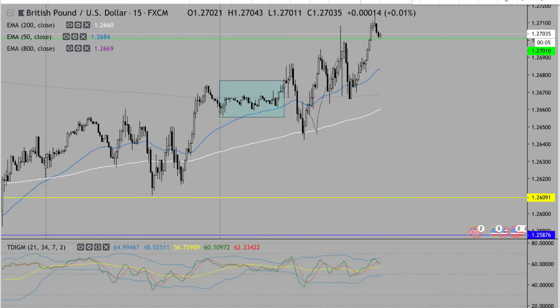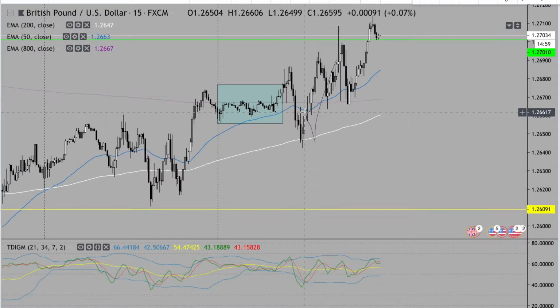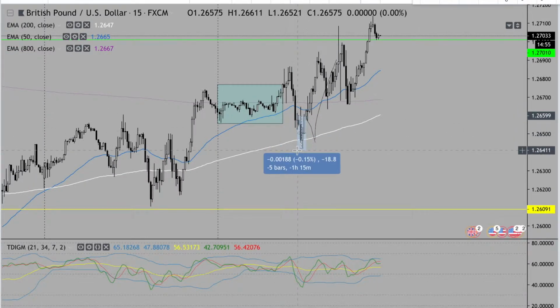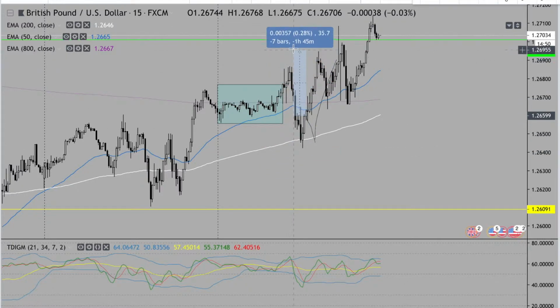Straight up. I actually didn't take this trade, because if I took this trade, then I would have risked more than 3% of my account. But if I would have taken from here, my stop loss would have been 19 pips, and then my take profit was at the 4-hour chart, which is 40 pips. So it's about a 1 to 2 risk to reward ratio.